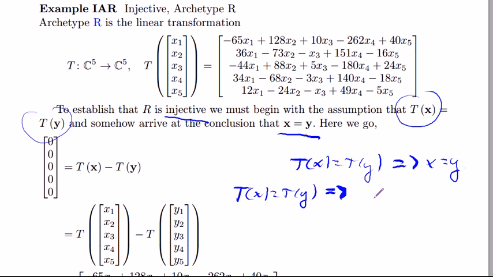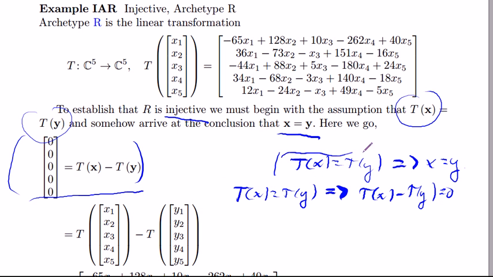That means that T of x minus T of y is equal to 0. This expresses our hypothesis. What we want to do is start with this hypothesis and end up with the conclusion that x equals y. That's where we're headed.